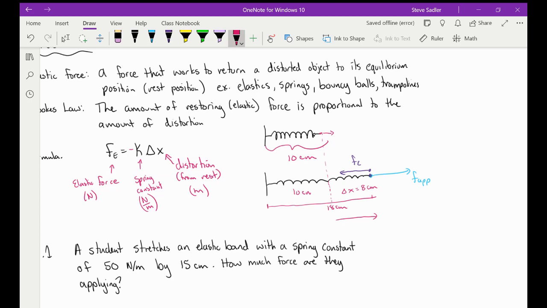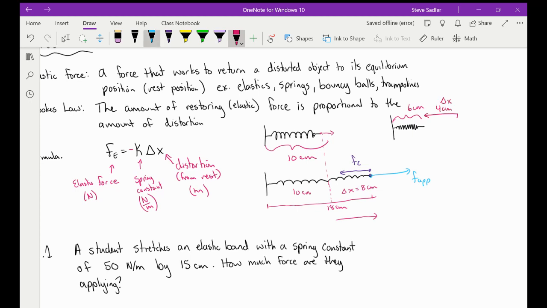Because again, if you had that same spring and I decided to push it in, so now I have my spring like that, and it's only now 6 centimeters. Originally it was 10 centimeters. That means I've pushed it 4 centimeters.